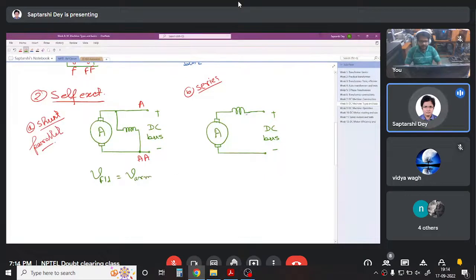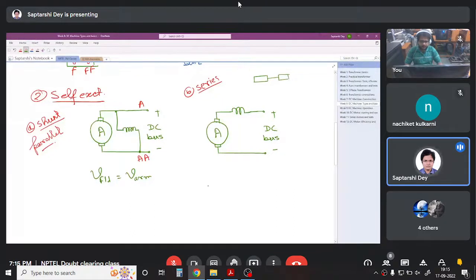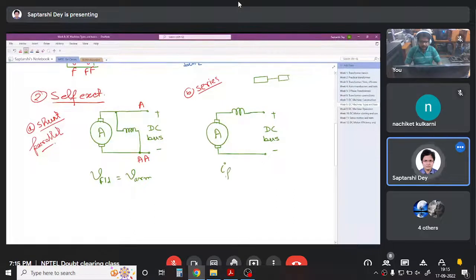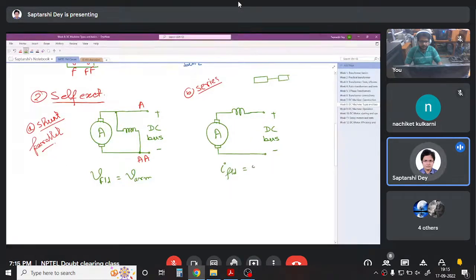In case of series, can you tell me which one will be the same? Which quantities in field and armature will be the same? They are in series. When two electrical components are in series, which quantity through them is the same? Current. The current through them will be the same. So here we have the field current the same as the armature current.